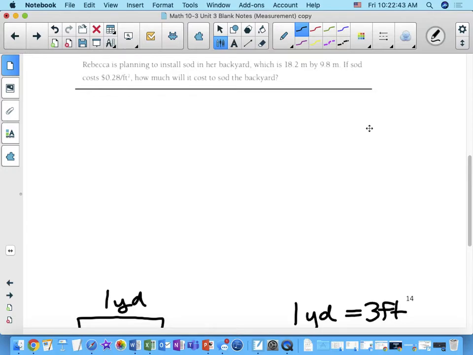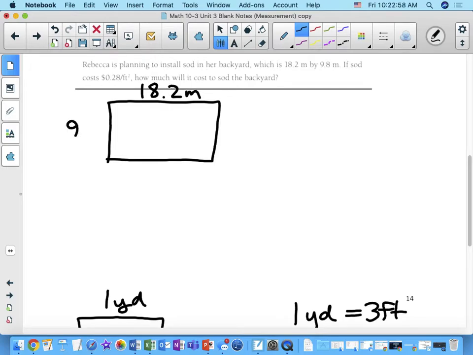Okay, so we've got this rectangular backyard, and the length of the backyard is 18.2 meters, and the width is 9.8 meters. Okay, now we need to have each of these dimensions in feet.